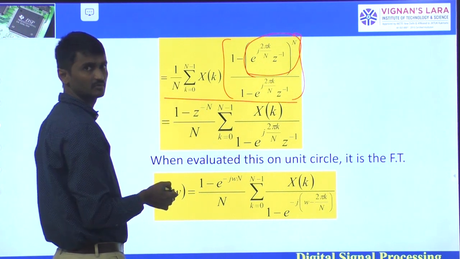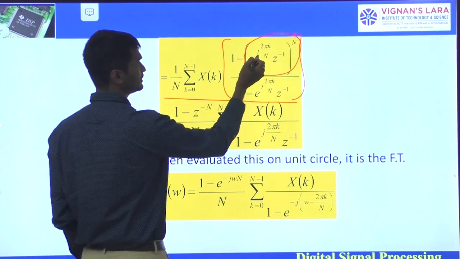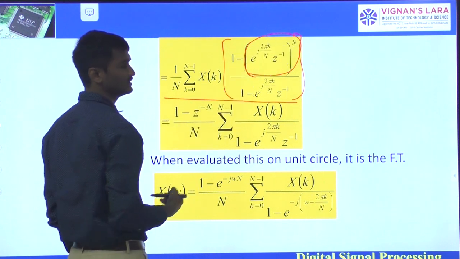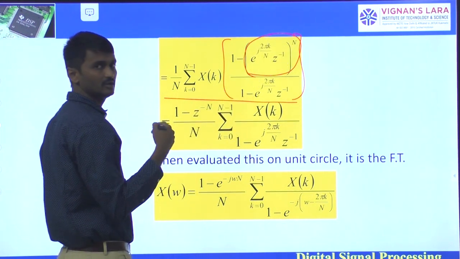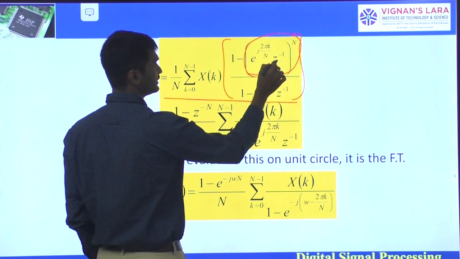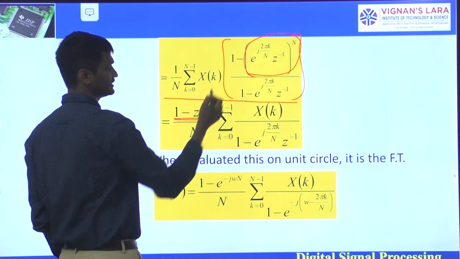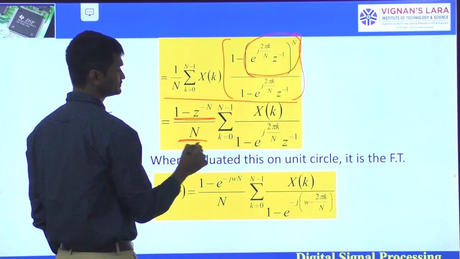Earlier we saw in the last problem that e power j 2 pi k by N into N cancels, so e power j 2 pi k for any value of k is 1. The remainder is z power minus N only. That is 1 minus z power minus N by N.